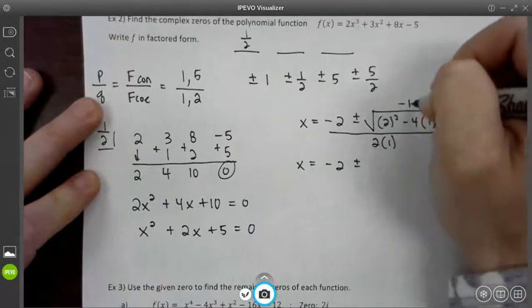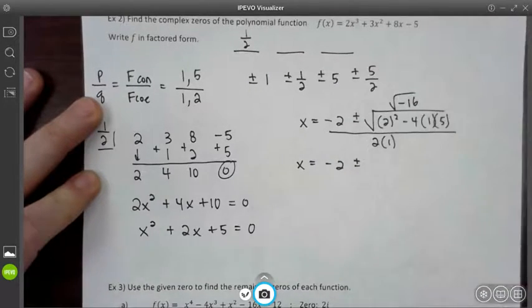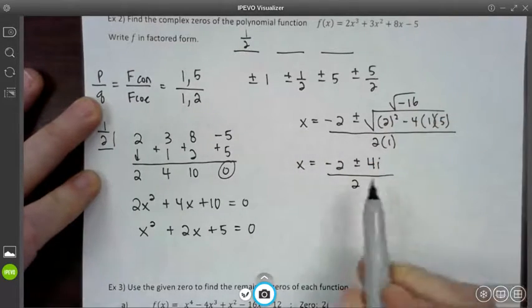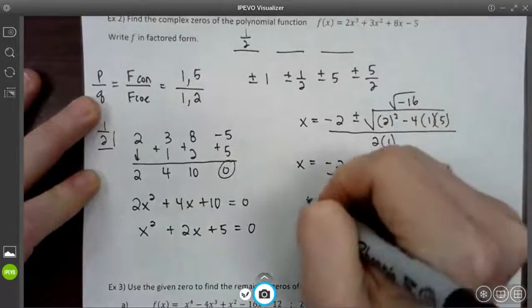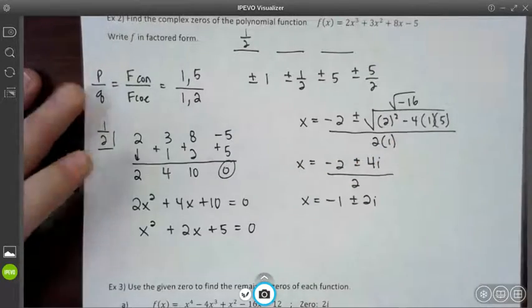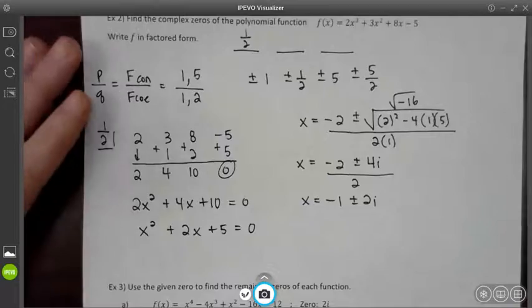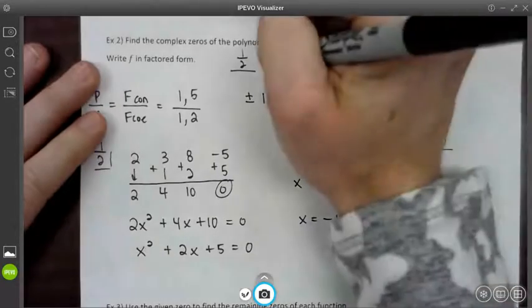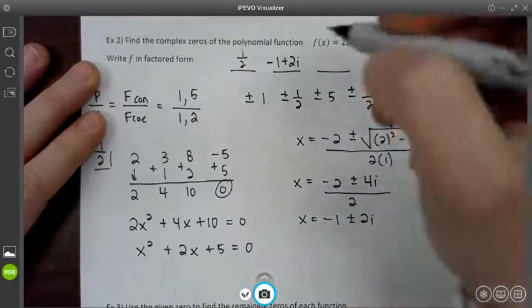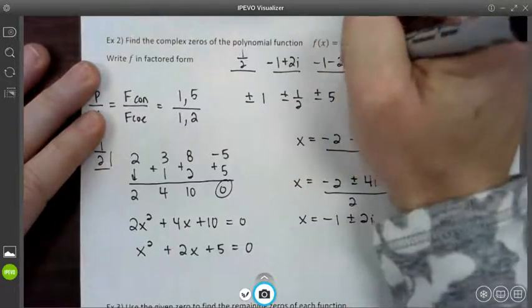That's going to be -16. The square root of -16 is 4i. All over 2. Both of these divide by 2, so x will equal -1 plus or minus 2i. So my remaining 2 zeros are imaginary. One of them is -1 plus 2i, and one of them is -1 minus 2i.